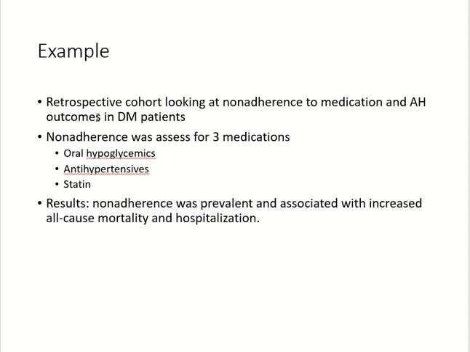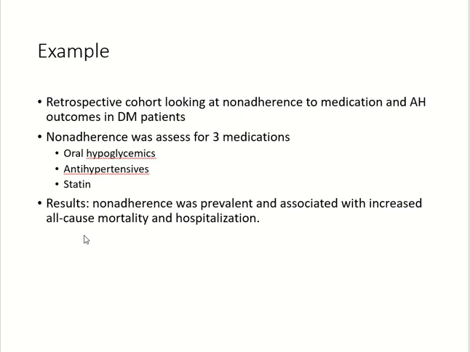So here's an example. Retrospective cohort. I hope you remember these words from 421, but we will look at them again in the coming lecture in much more detail. So, a retrospective cohort study looking at non-adherence to medication and adverse health outcomes in diabetic patients. The non-adherence was assessed for 3 medications: oral hypoglycemics, antihypertensives, and statins.